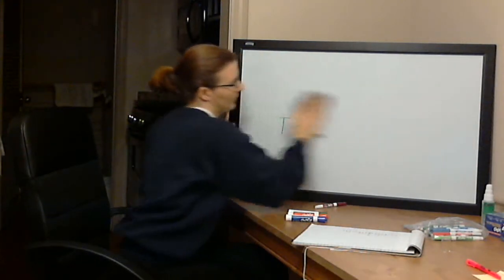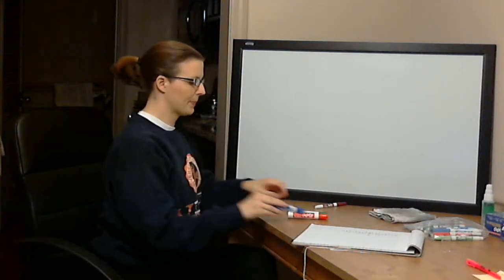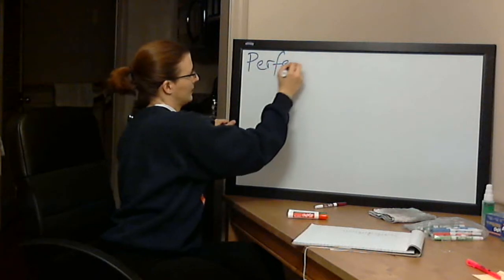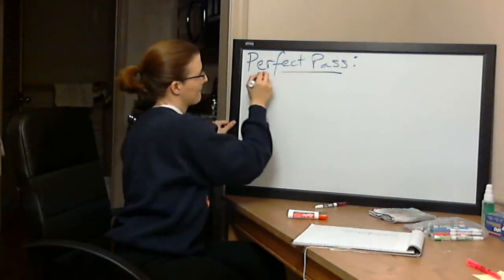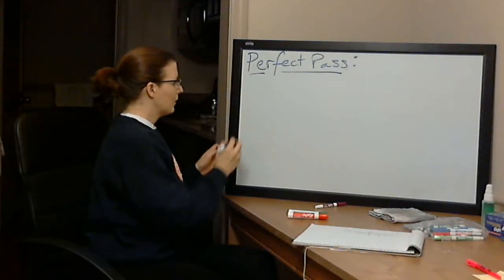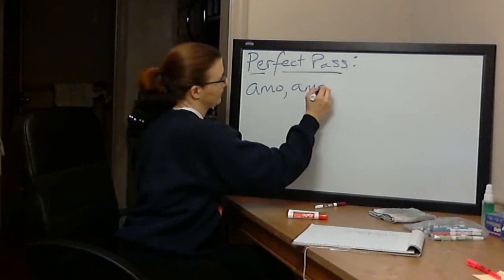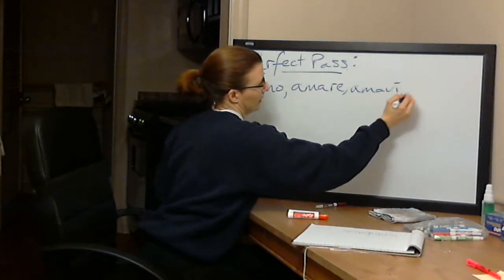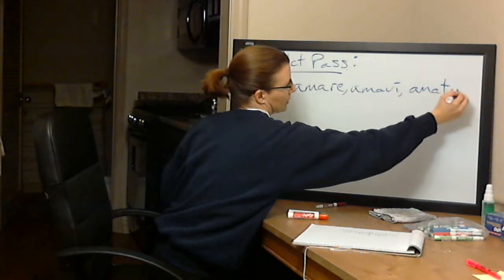And again, this is where knowing your principal parts really, really matters. So if we go to perfect passive. When we first met a verb like amo, amare, amavi, we should have also learned our last principal part is amatum.